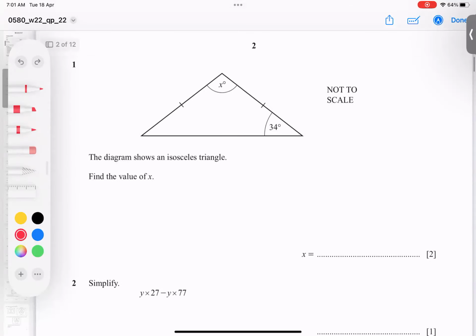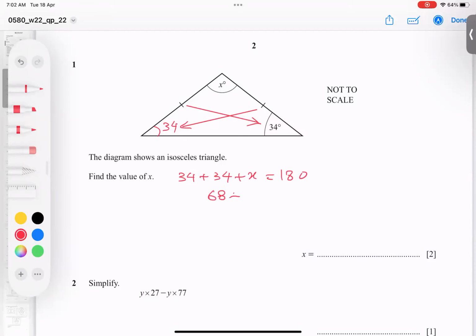First question we have, you can see this is an isosceles triangle and two sides are equal. And when two sides are equal, automatically the two angles are equal. So you know that the sum of the angles in a triangle is 180. So 34 plus 34 plus x equals 180.